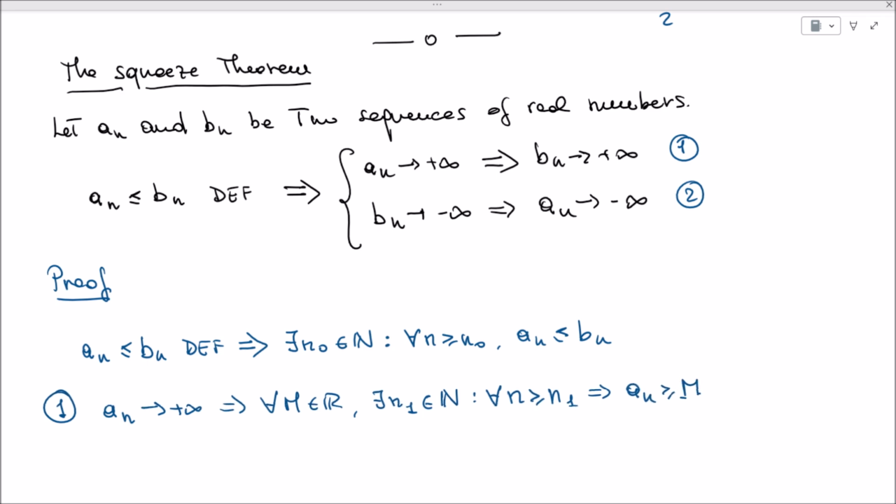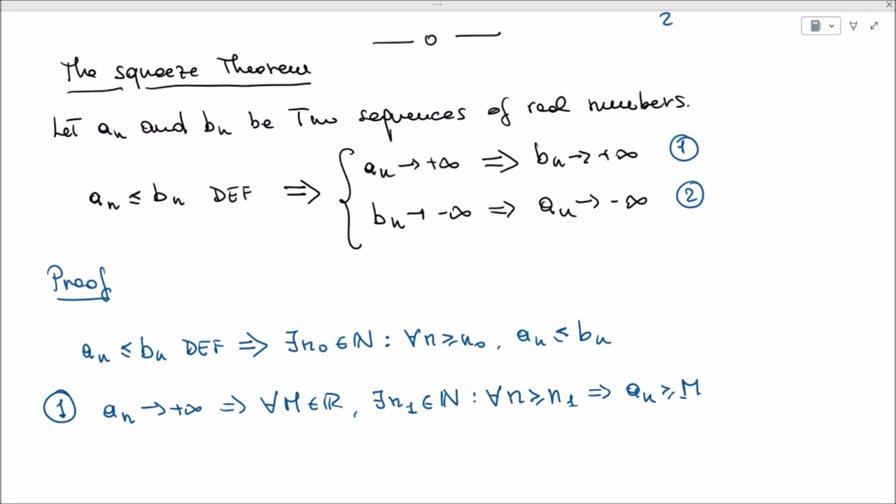So this is to say that for every possible large positive barrier m, we can always exceed that barrier m with the elements of the sequence.